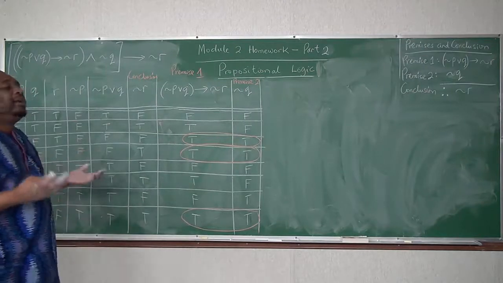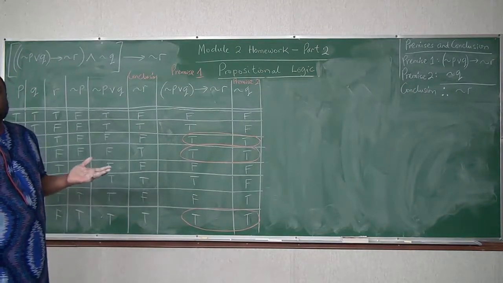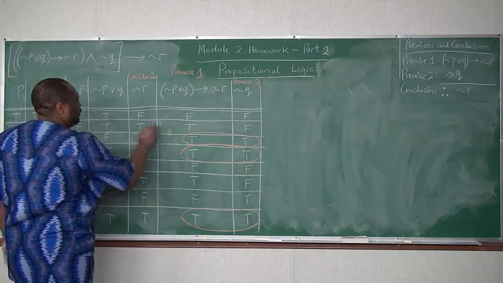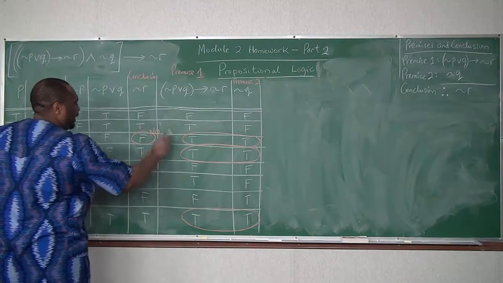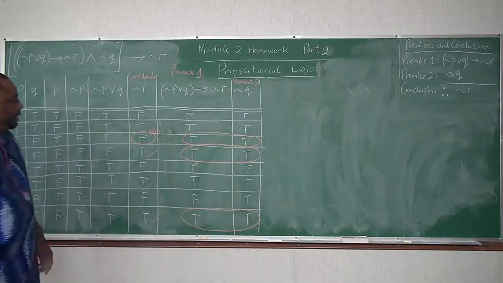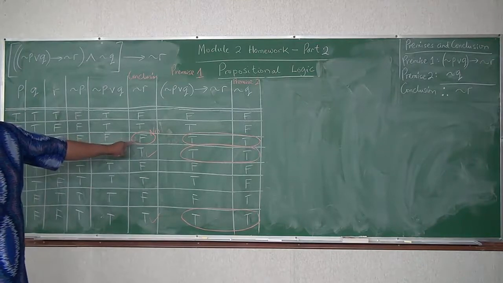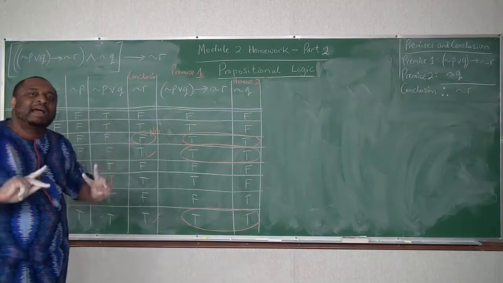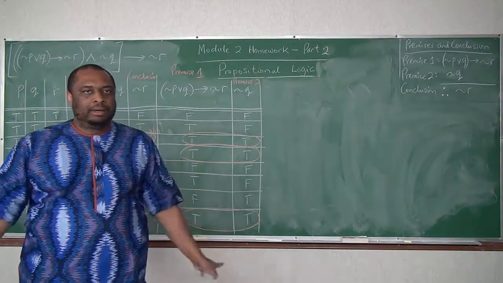Okay, now let us find the conclusion in those cases. Conclusion here is false. No, no, we don't want that. Conclusion is true. Okay, this is nice. Conclusion here is true. Good. But then, because we have at least one case where you cannot have two premises true and a false conclusion. You cannot.